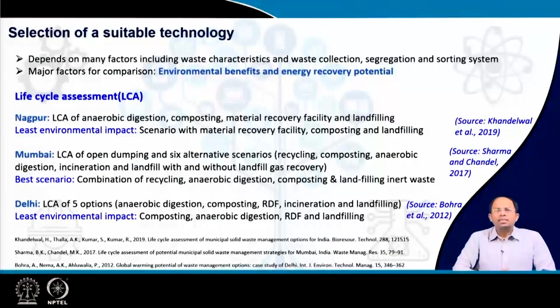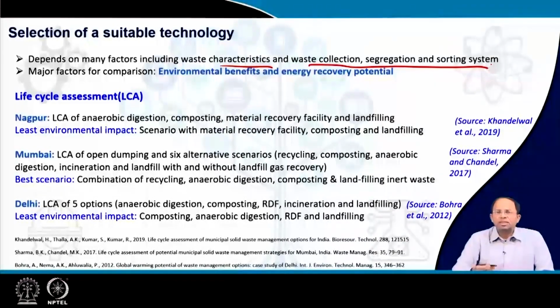Now, how do I select the right technology, which waste to energy process or which process for that matter we will use for treatment of solid waste? So it depends on many factors, of course. It depends on the waste characteristics and the waste collection, segregation, and sorting system that is adopted by the municipal body.